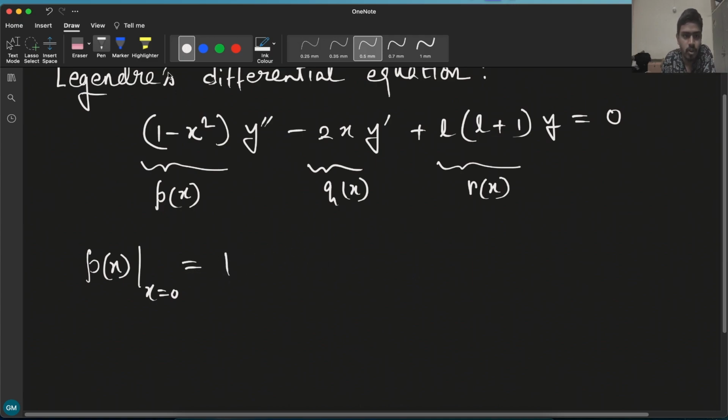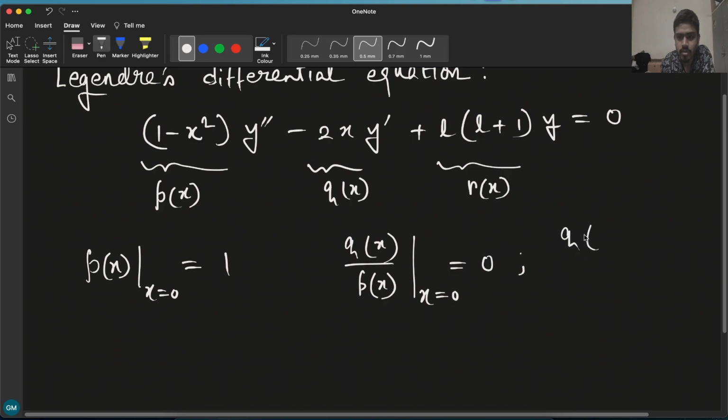So q(x) by p(x) at x equals 0 is basically 0, and r(x) by p(x) at x equals 0 is L into (L plus 1).